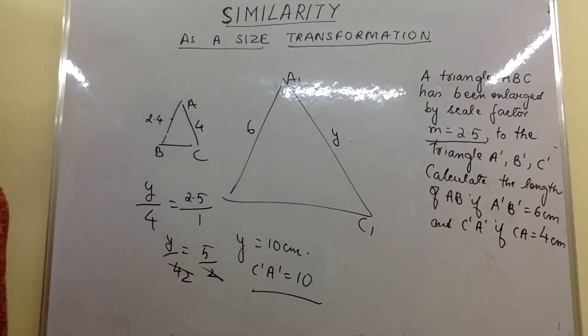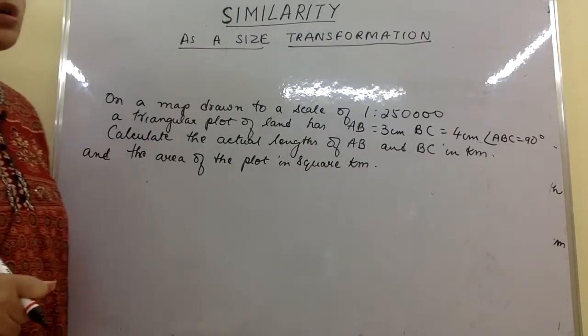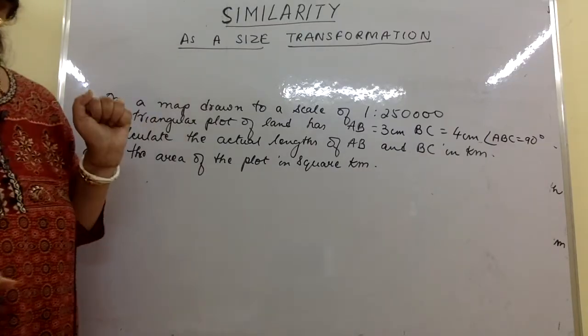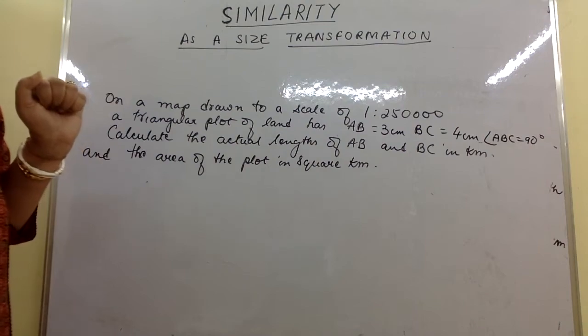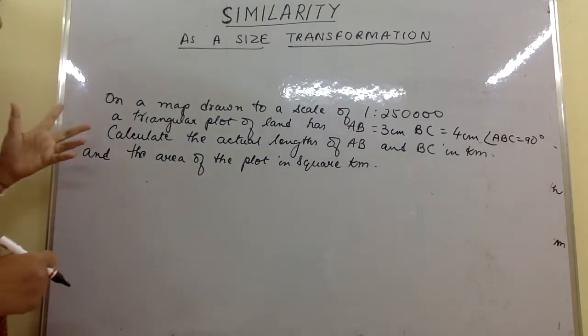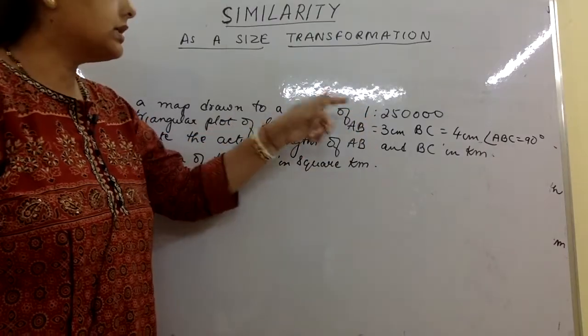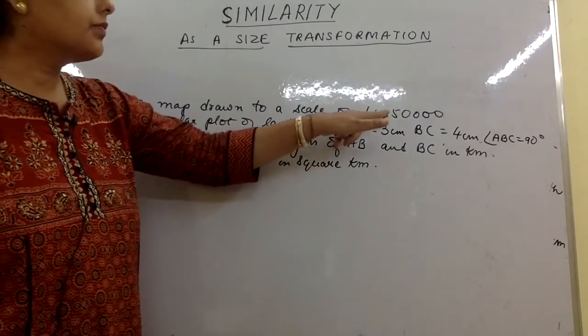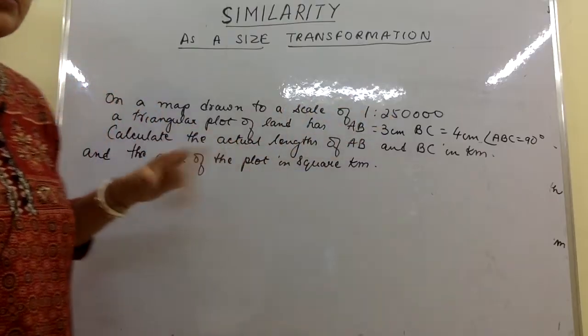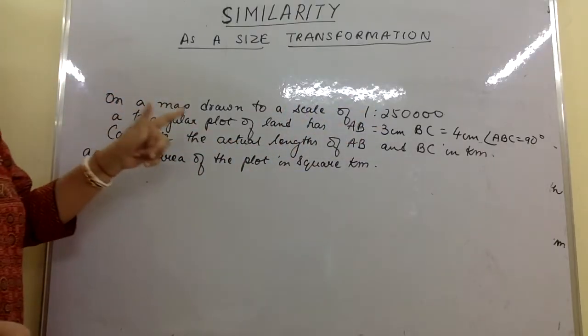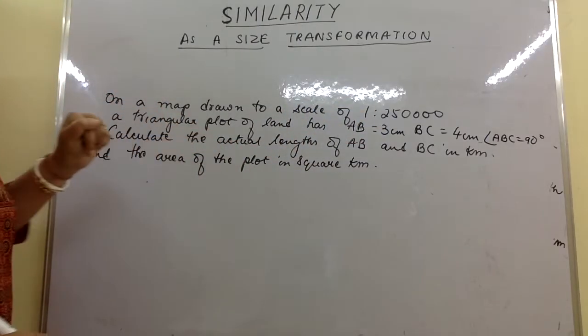Now this is our next question. On a map drawn to scale, and what is the scale? The scale is 1 is to 2,50,000. A triangular plot of land has AB, BC.